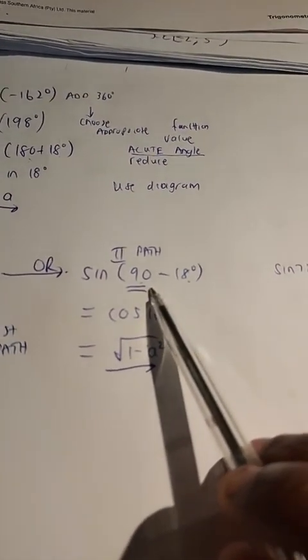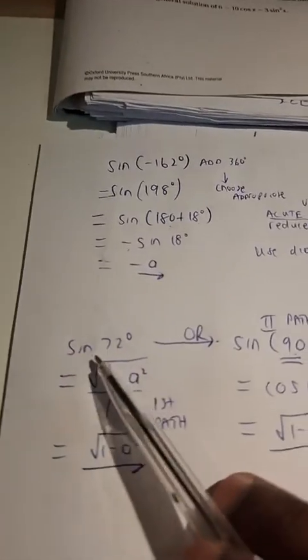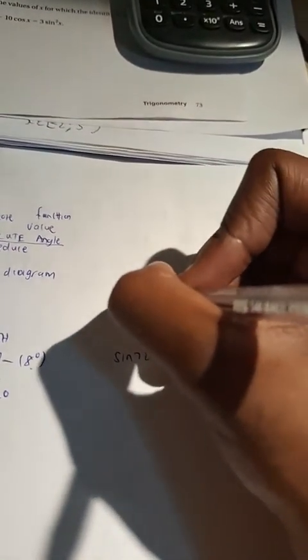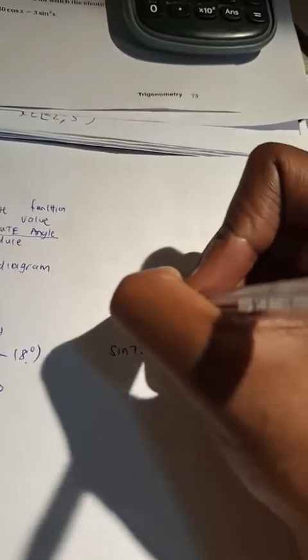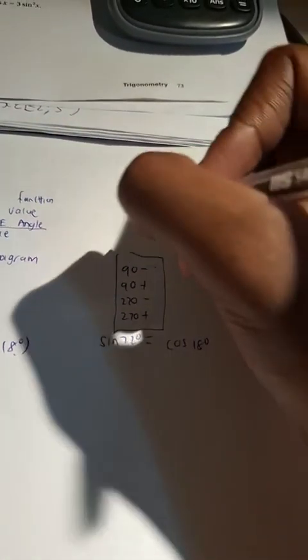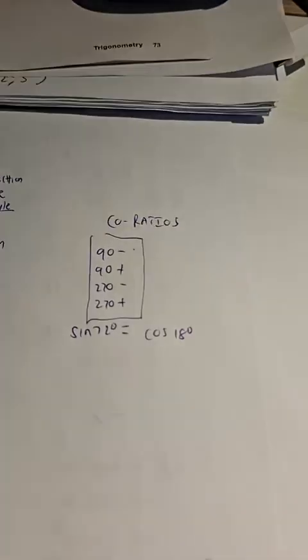Okay, and Nontle, I'm guessing you're probably coming in now. Why are we saying sine changes to cos? It's because 90 minus, 90 plus, 270 minus and 270 plus are all called co-ratios.